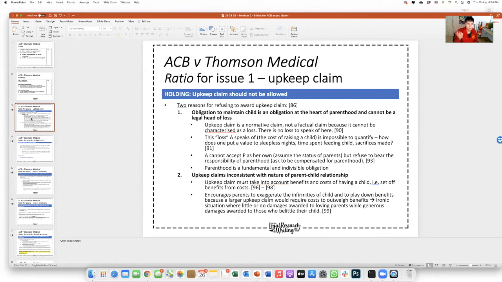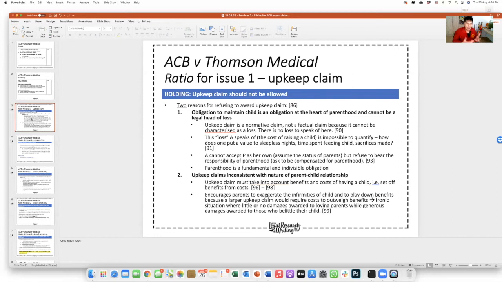The second reason is somewhat similar. The court is saying, look, this notion of an upkeep claim is not consistent with the nature of the relationship between a parent and child, because a parent is supposed to love a child, right? A parent is supposed to bring out the good in a child.